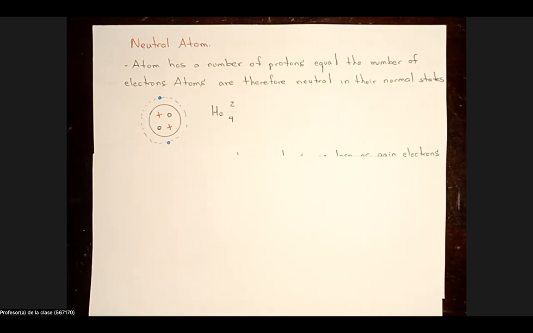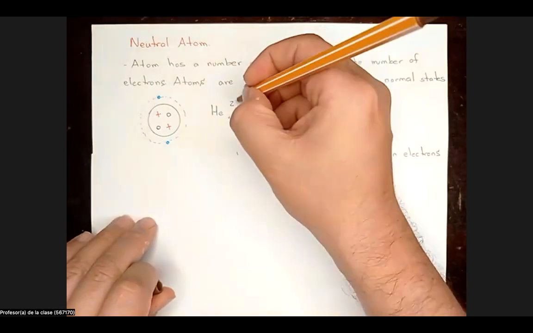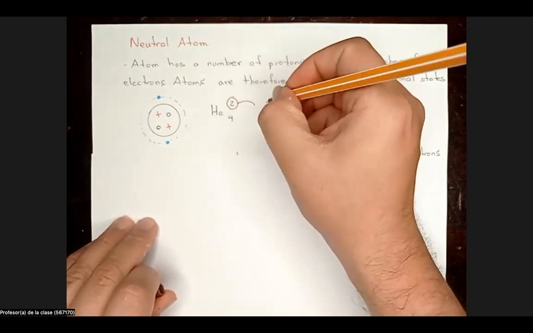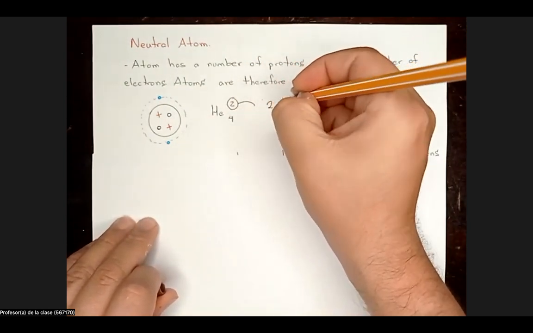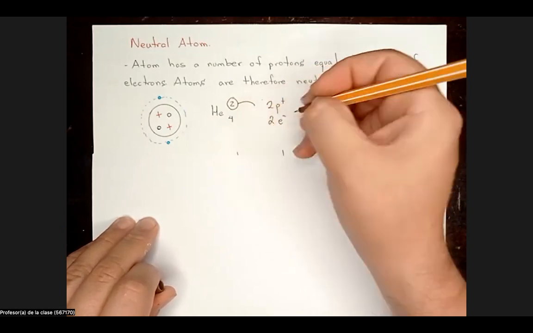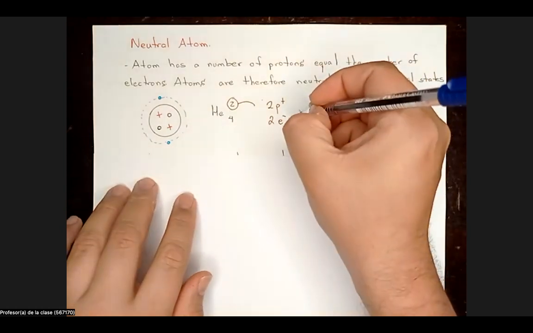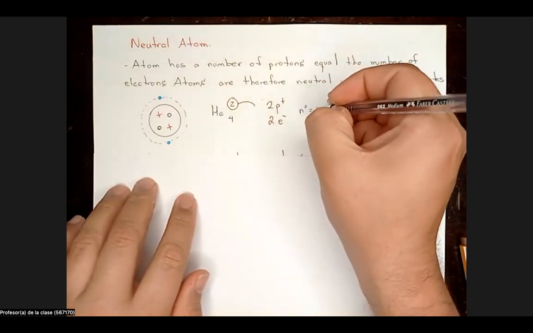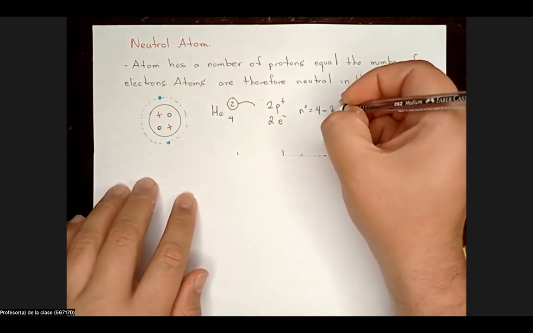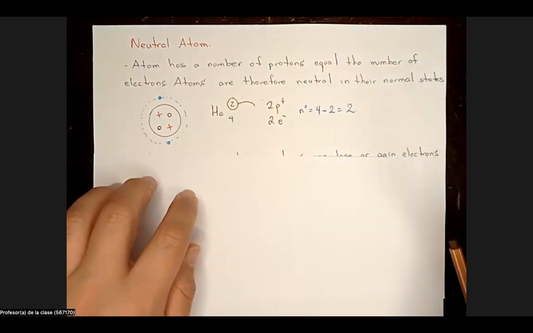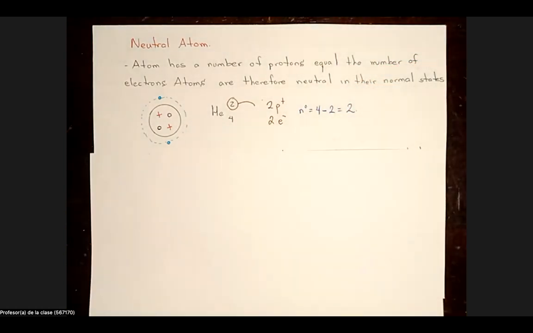This will tell us two protons, two electrons because it's neutral. And neutrons will be 4 minus 2, that will be 2 also. That is the case of helium, a neutral atom.